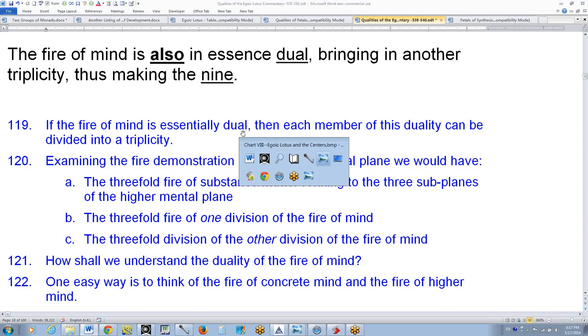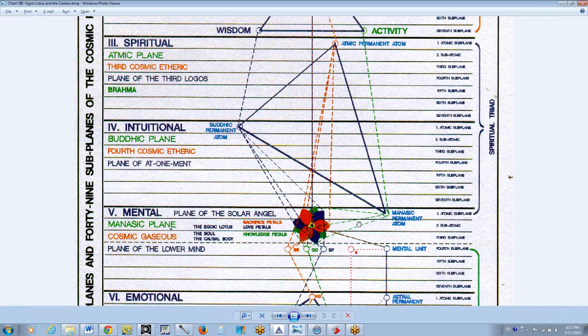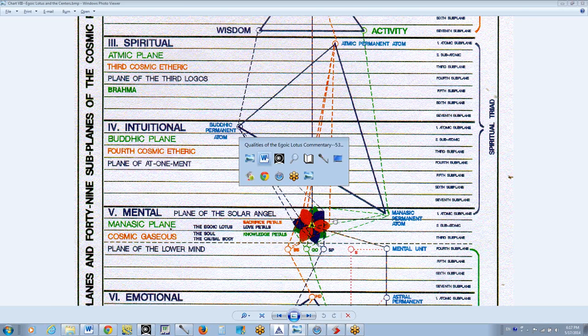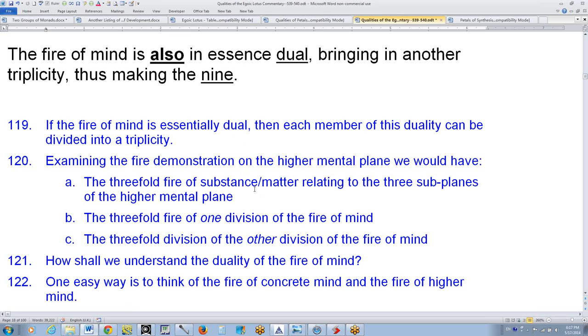Let's see if that is the case in the diagram. Not in this diagram, no. But one might be able to infer it, that the higher type of mind, let's just say that which comes from the monadic permanent atom, has a lot to do with the sacrifice petals per se.